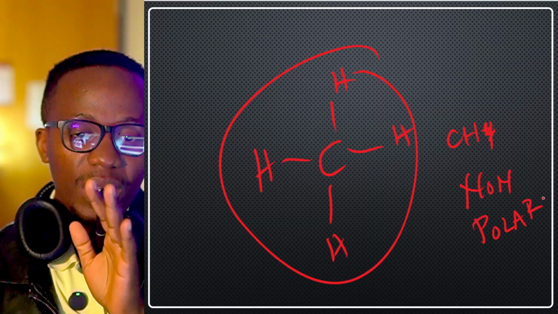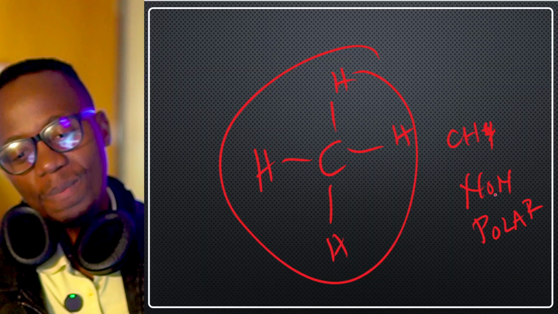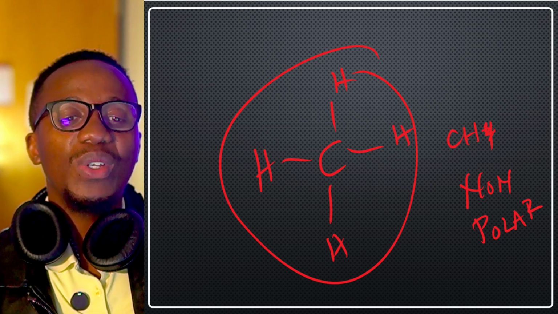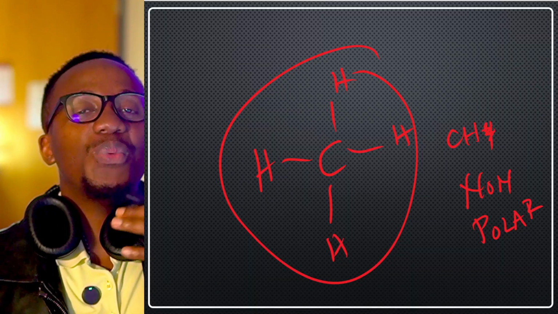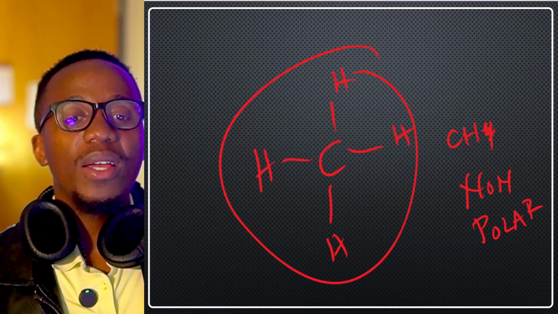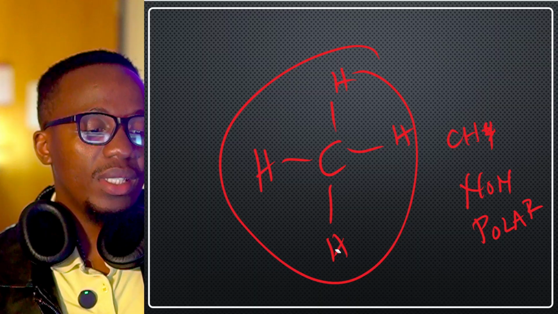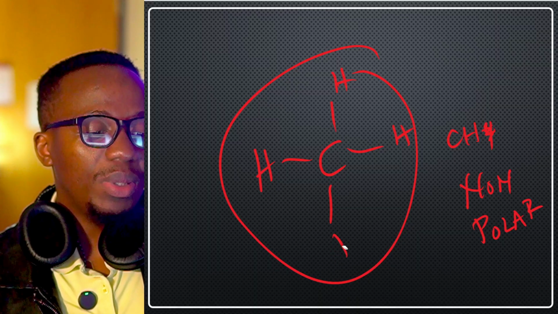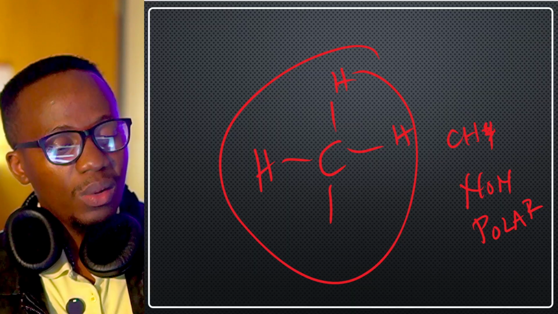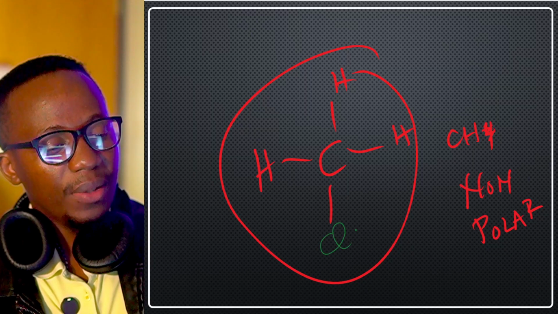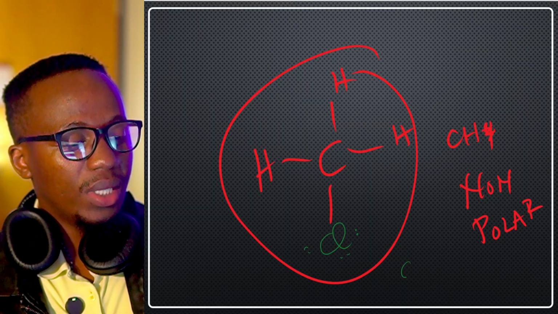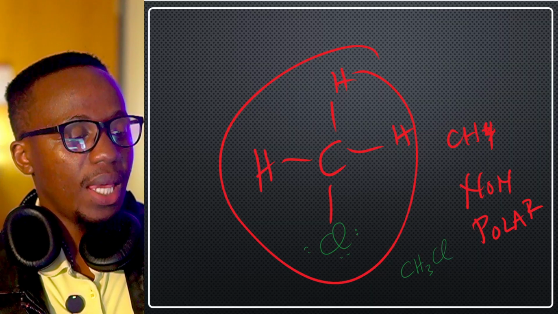Now, if you are following me, which I think you are, I'm going to give you a challenge. I'm going to ask you a question, and if I was in class, this is what I would ask, and wait for somebody to answer me. So if instead of having CH4, I replace one of the H's with chlorine, for example, this is a real compound called CH3Cl.